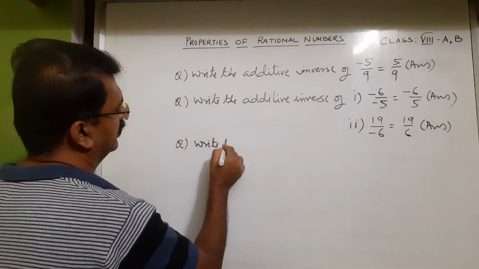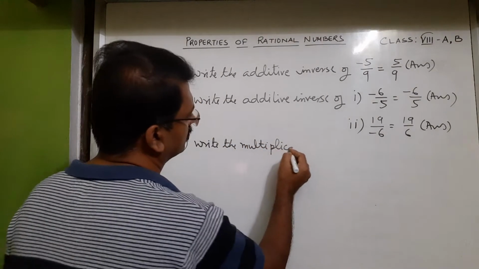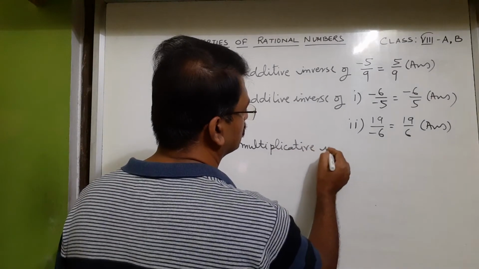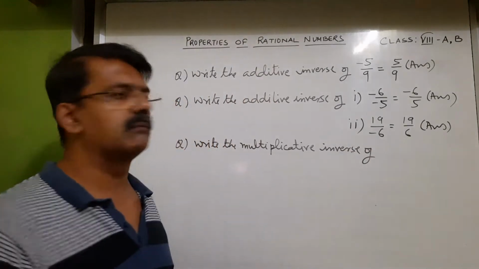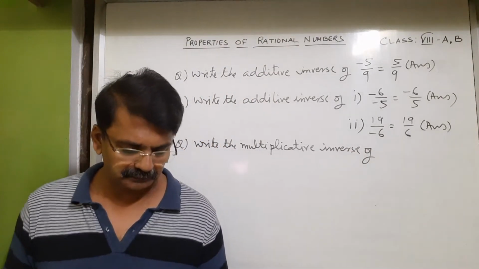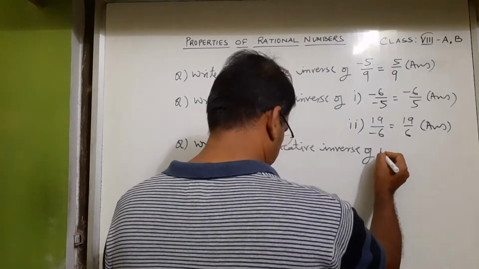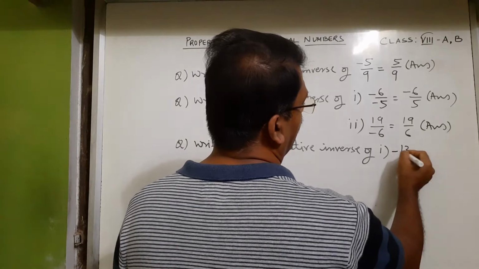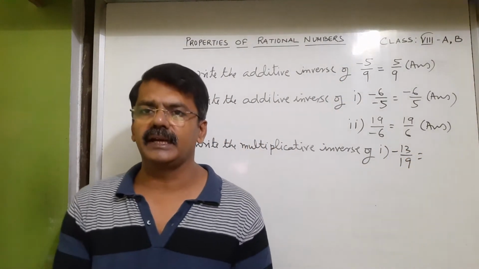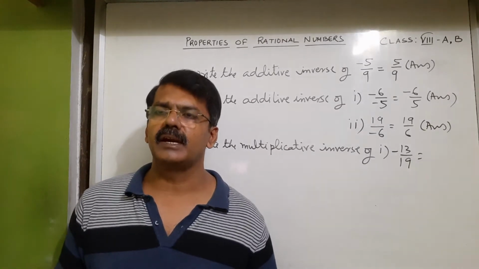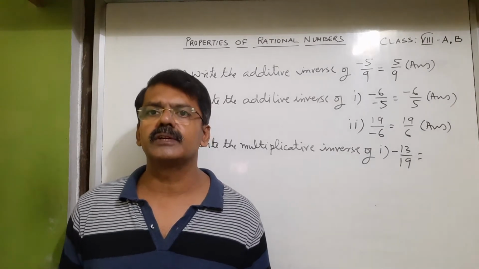Now write the multiplicative inverse of minus 13 upon 19. Now you see, when two numbers are multiplied and the answer is the multiplicative identity, that is 1, then only one number is called the multiplicative inverse of the other.